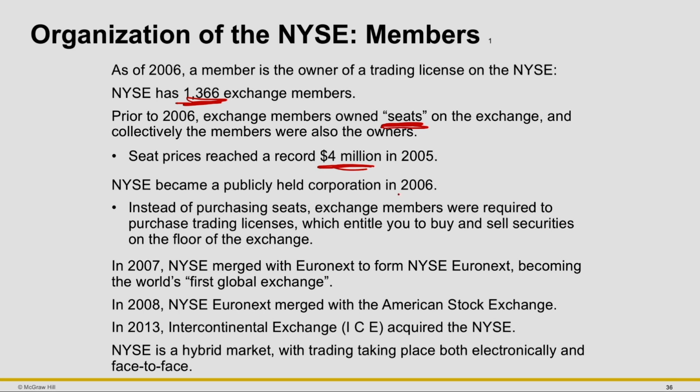In 2006, the NYSE became a publicly traded or publicly held corporation. So the seats, the partners went away, they were bought out, and the corporation then became a stock company. There's still seats per se on the exchange, but you buy a license for 1 year of being able to access the floor of the exchange.